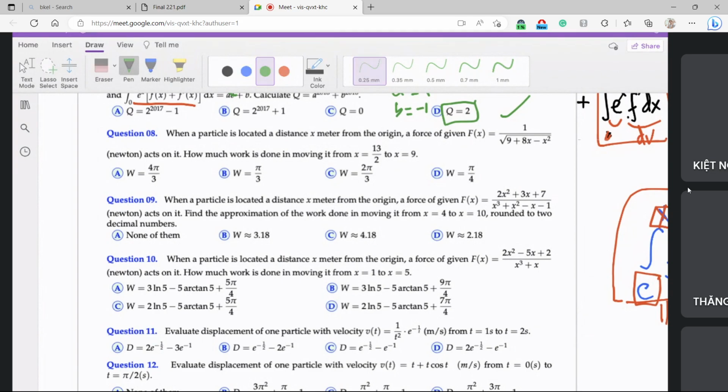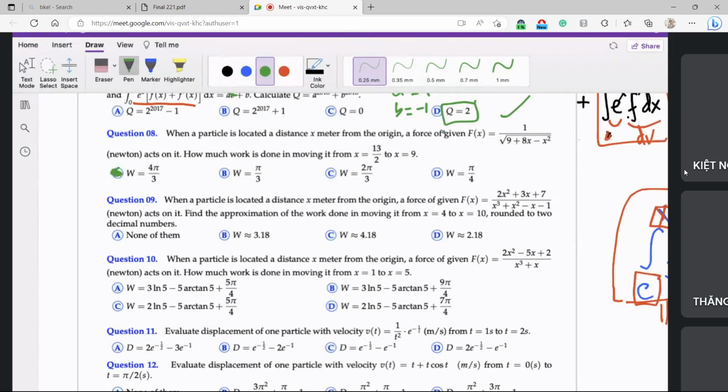So ABCD, which one? Do you have the same answer, class? Yes, A, right? Just use the calculator.